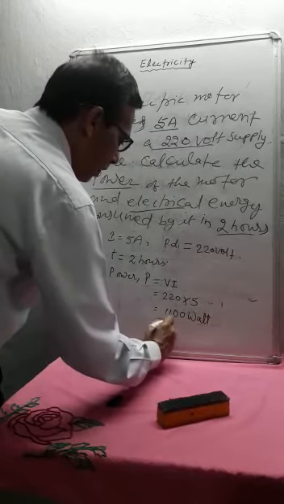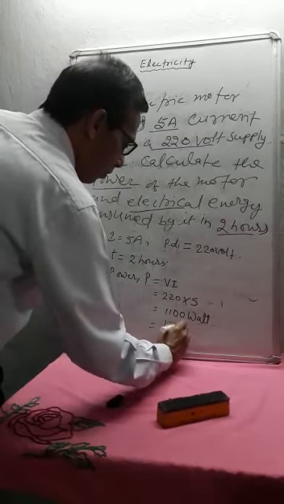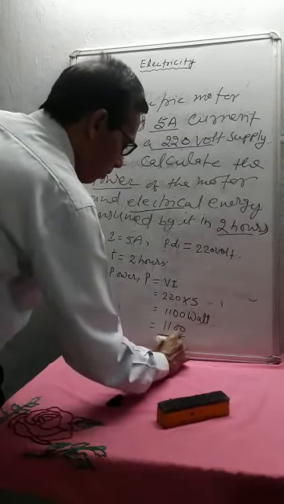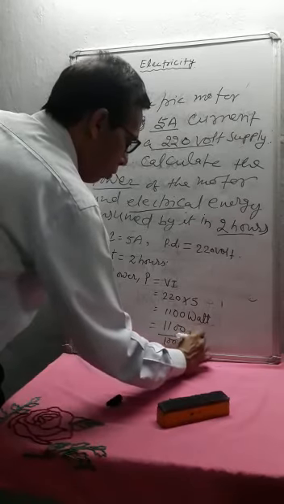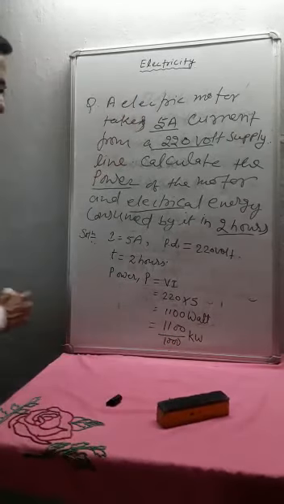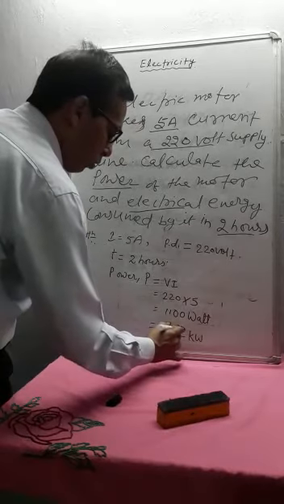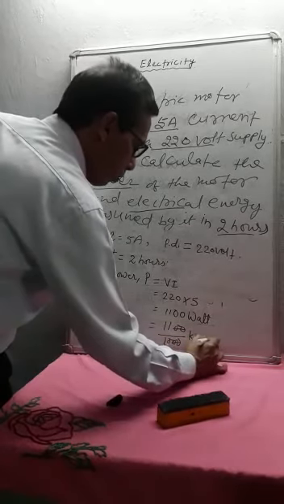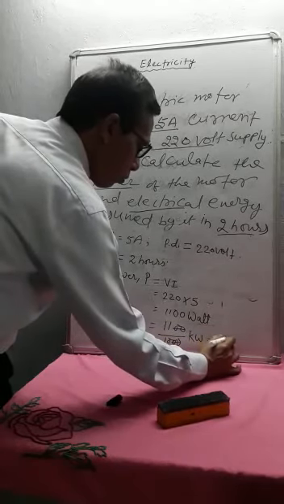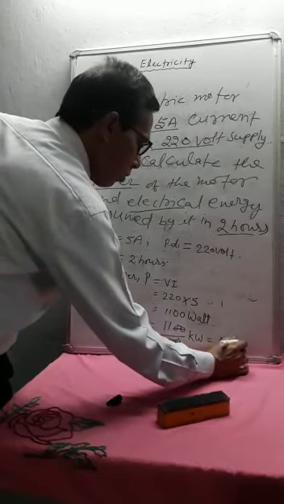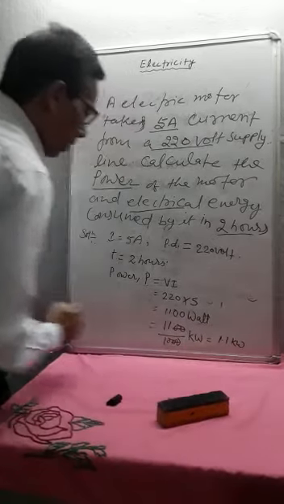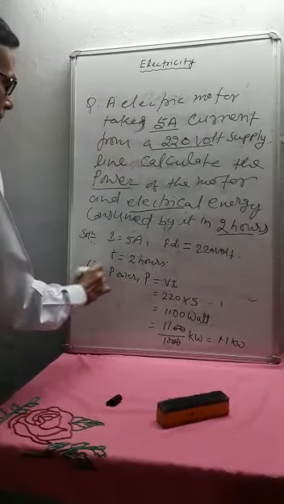And when it is divided by 1000, then it becomes kilowatt. So here 00 cancel, which is equal to 1.1 kilowatt. This is the answer of the first part.